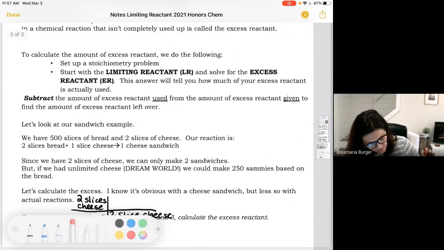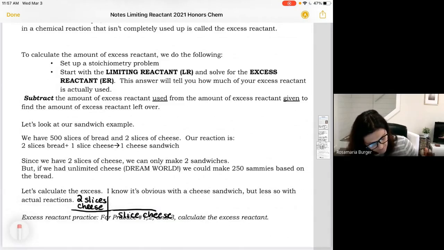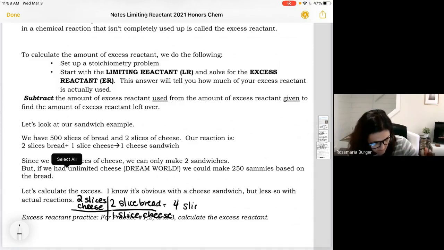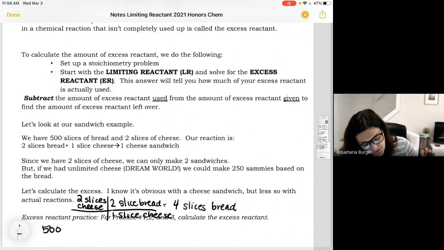It takes 1 slice of cheese for a sandwich and 2 slices of bread. So what am I going to use up? I'm going to use 4 slices of bread. Okay, so then how much left over do I have? Well, I started with 500 slices of bread. I just subtract 4, so that's going to get me 496 left over.